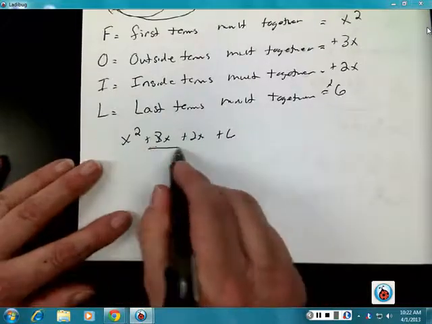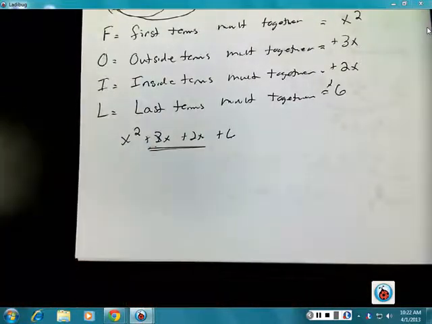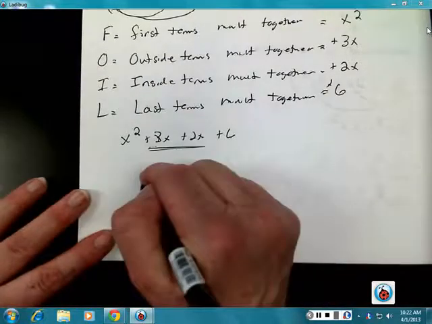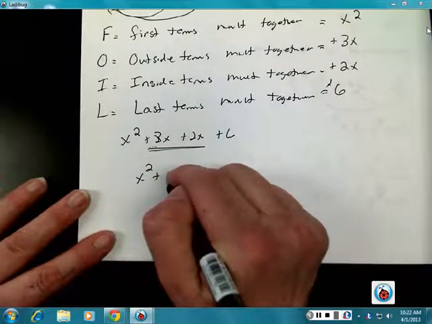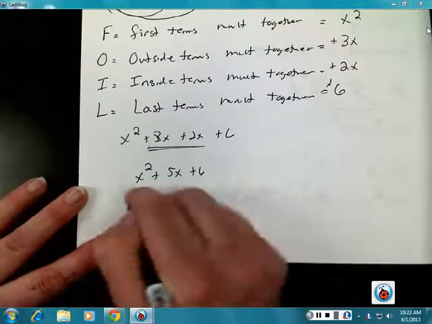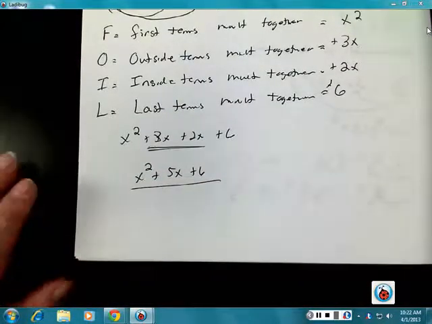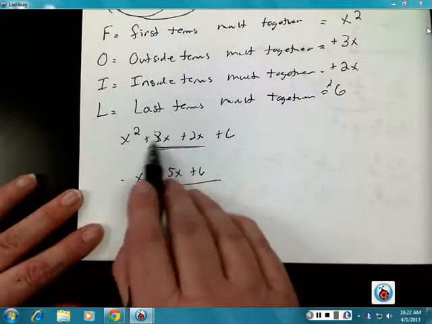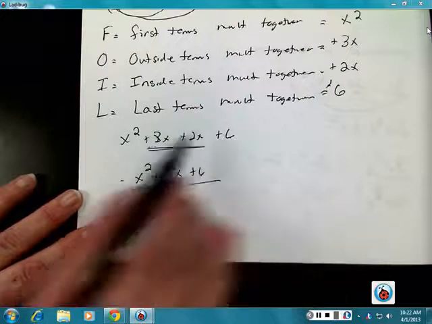But if you go back to 5.4 where we added like terms, notice 3x and 2x match. So I'm really left with x squared plus 5x plus 6, and I'm all done. Keep that in mind when you're doing this foiling, that you have to keep your signs along with your numbers.